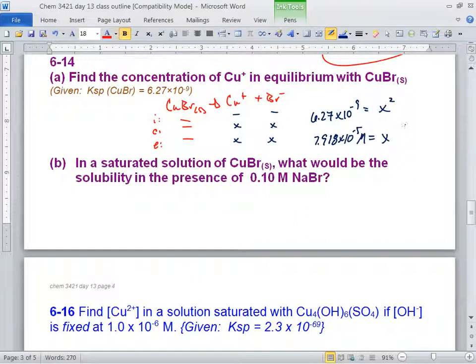So if you got the first one, go on to the next one. So I got around 8 times 10 to the negative 5. And then try the next one.